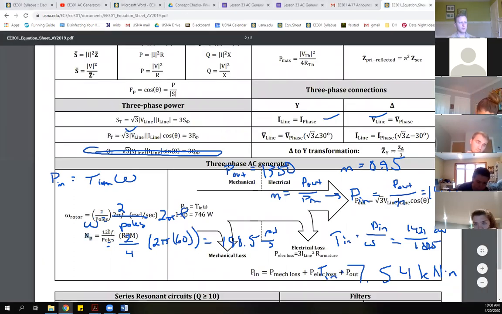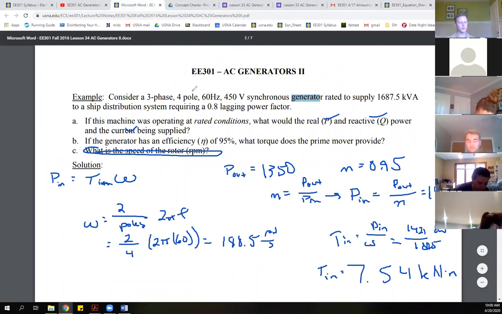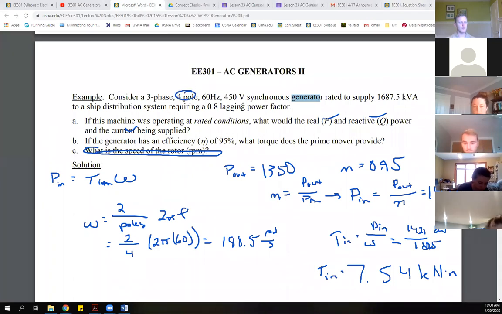RPM, speed of the rotor: N equals 120 f over poles. And you could have actually solved this one as the very first thing because we haven't solved for anything for that. That's just taking what we knew initially of the poles and the frequency, right?